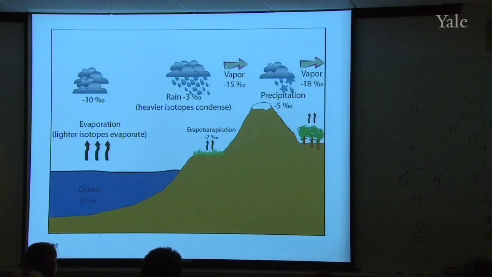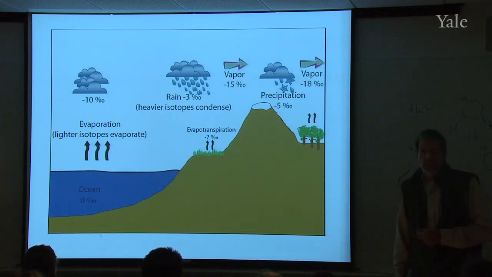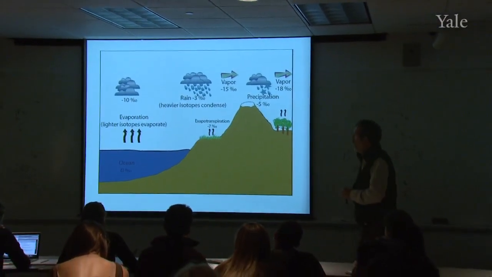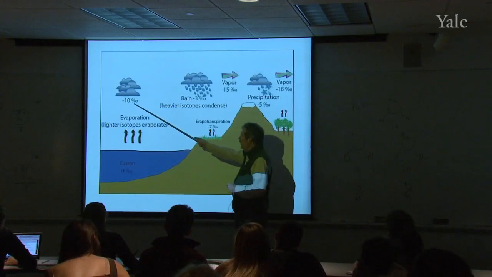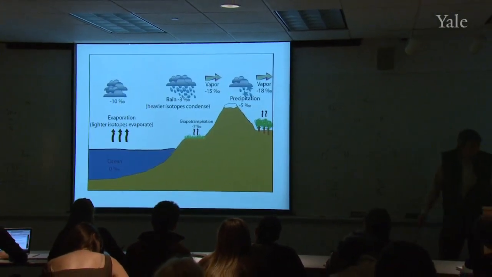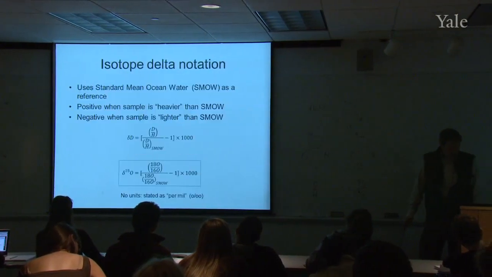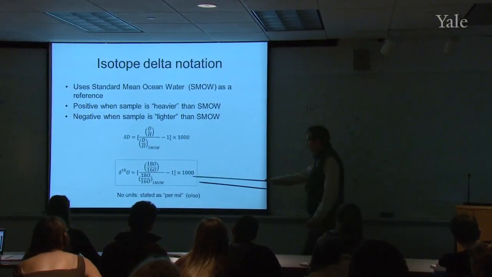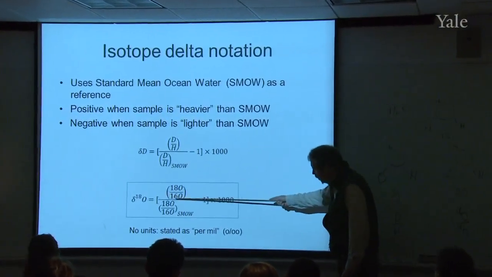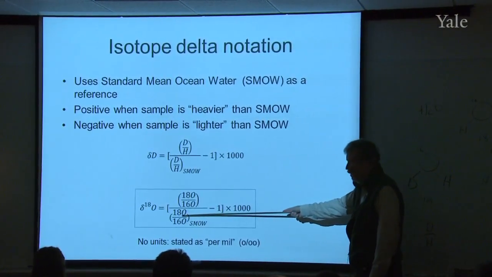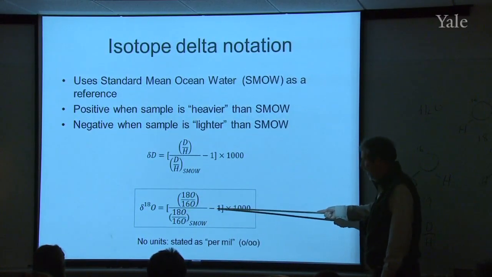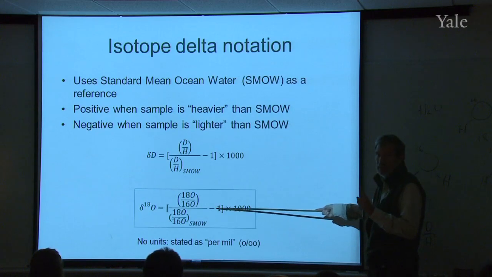Yeah. I'm sorry? What is the negative 10 per mil? Well, that's the delta value. If that's delta O18, and I think those values would be appropriate, that would be the value here. And if it's negative, it means that number was less than that number, so that ratio was less than 1, so that when I subtracted 1 from it, I got a negative number.